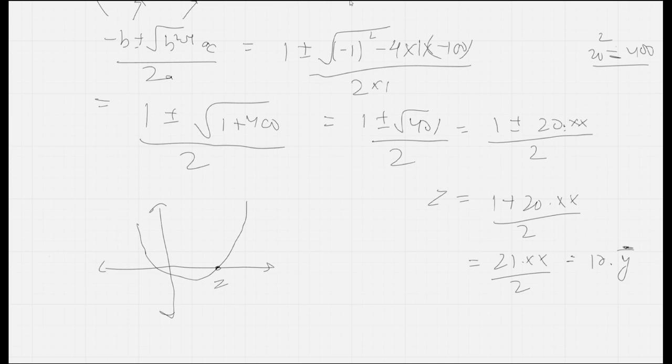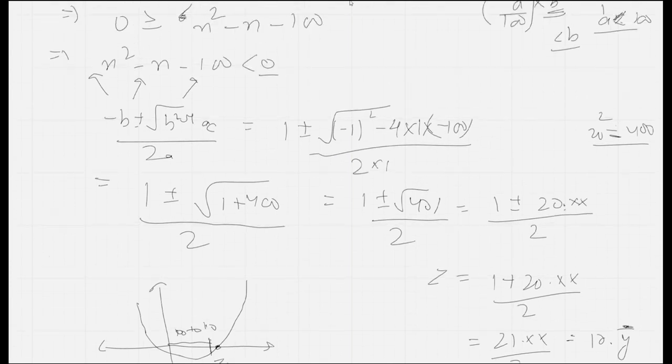So it's just greater than 10. For all these values from 0 to 10, we can see that this expression which we got above is less than or equal to 0.